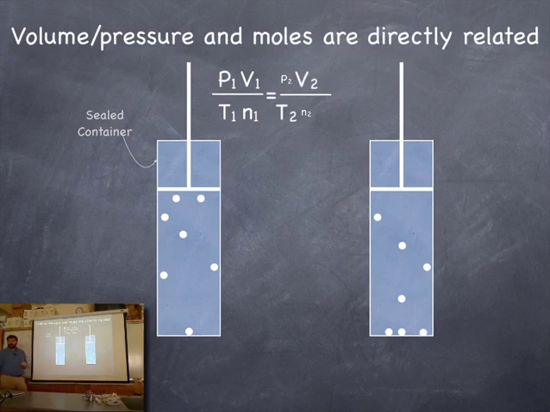Is there a relationship between moles and temperature? Yep, all these things are related. You can set any of them to be constants, and I can now start to look at problems where I have some set of initial conditions and some set of final conditions, and I can vary all of them. As long as there's only one unknown, you can solve the math.